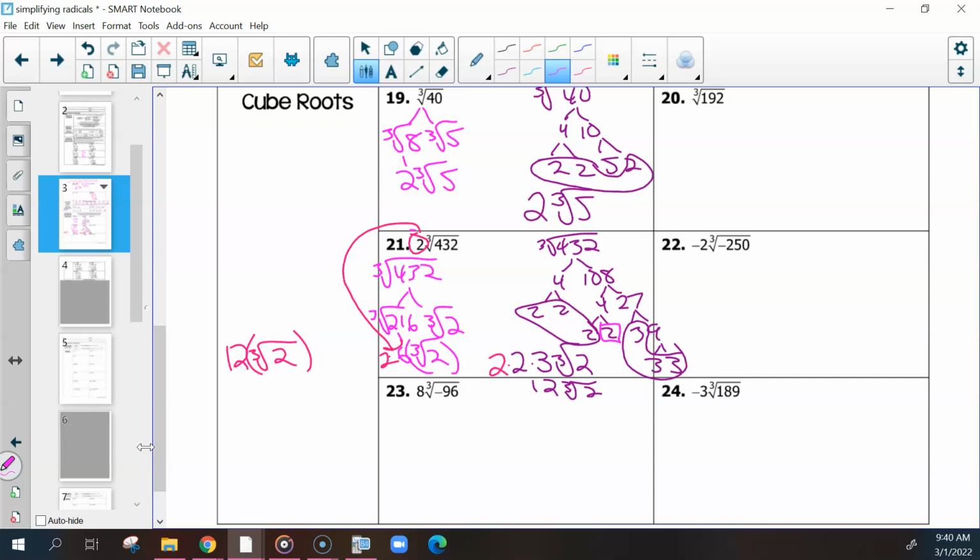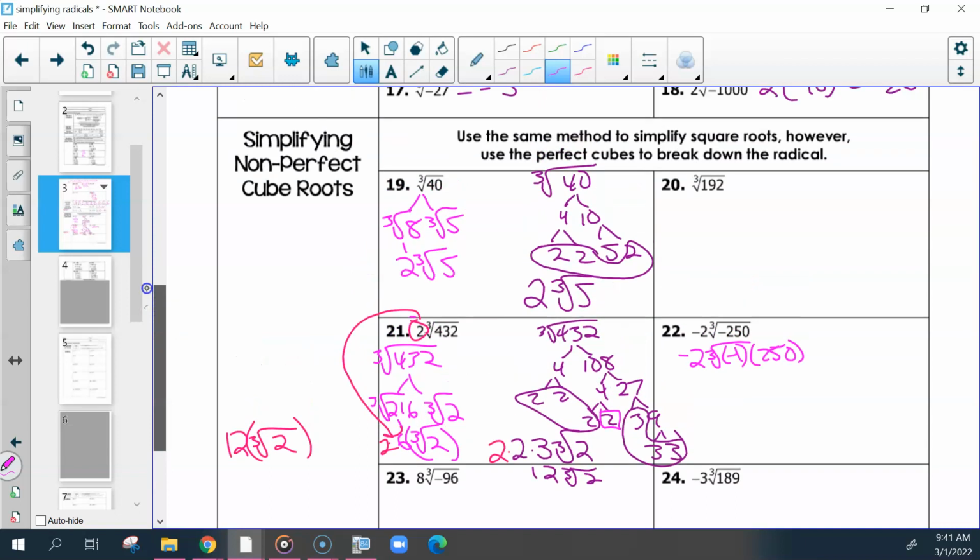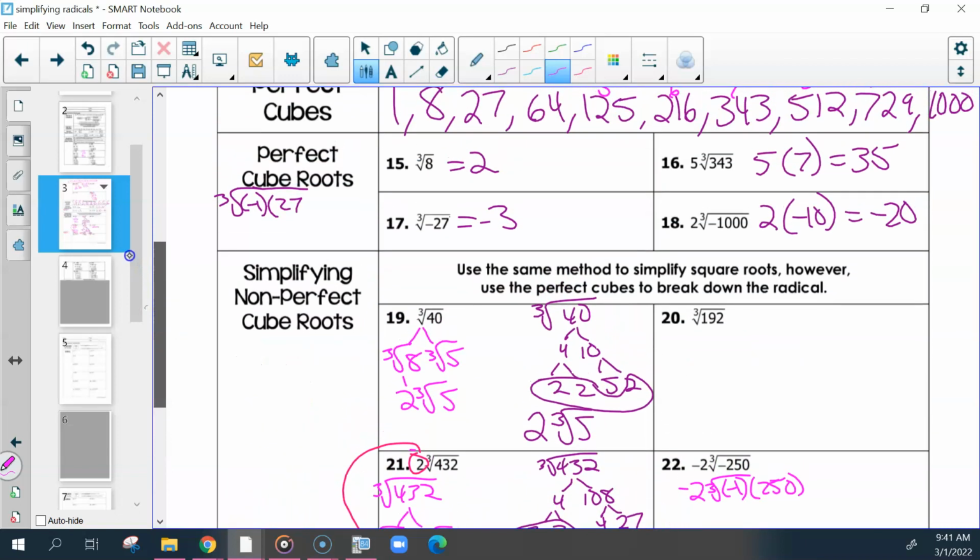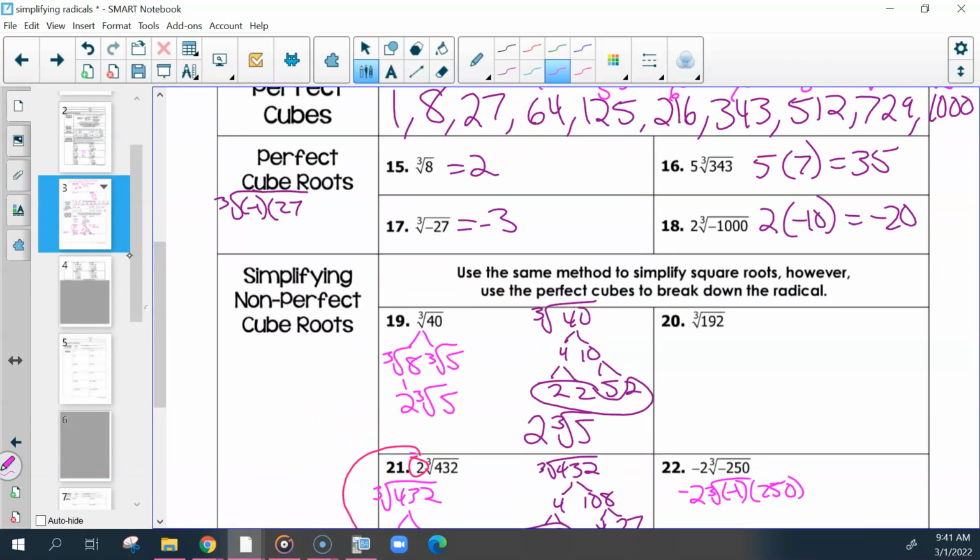Right. So when we break this down, I'm going to say -2 times the cube root of -1 times 250. So I'm really just looking for what is the highest perfect cube I can divide out of 250. 125. Numbers like that should be recognizable, as 125 is going to be one of them.